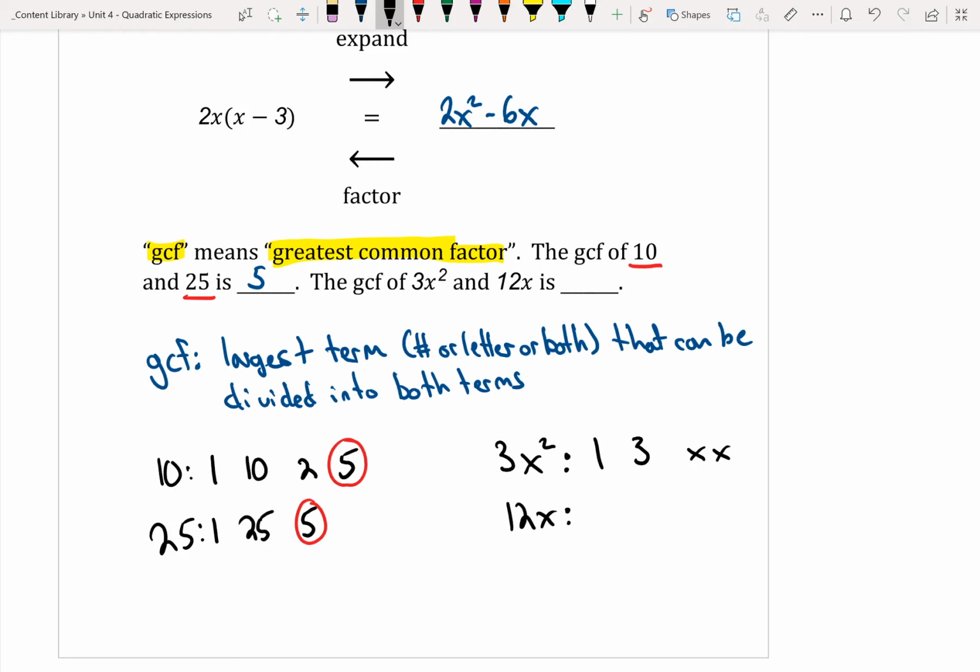For 12, I have 1 and 12, 2 and 6, 3 and 4, and only 1 x to worry about. So going through, I'm looking at two things here. I'm looking for the largest number, which in this case is 3, and I'm also looking at how many variables do I have that are the same, which in this case is just the x. So that means my greatest common factor is 3x.